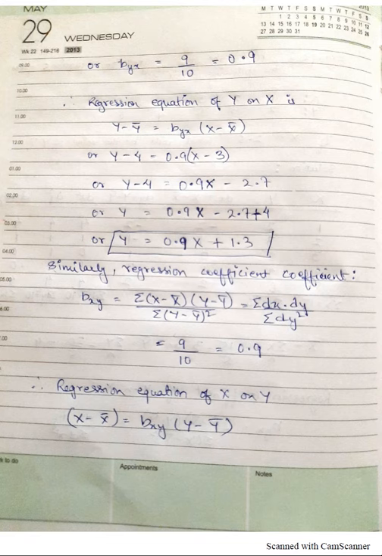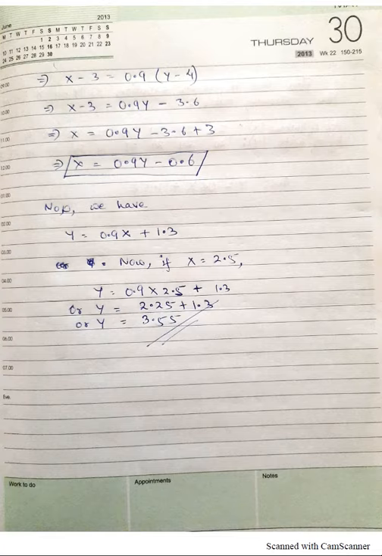So as we discussed, this equation gives us the estimation of y for any given value of x. Since the value of x is given and the value of y is to be found out, we will use this equation to find the value of y as per the question. So we have y is equal to 0.9x plus 1.3.